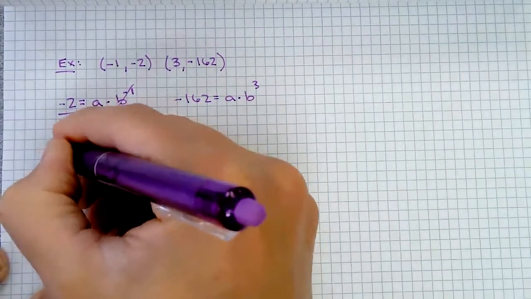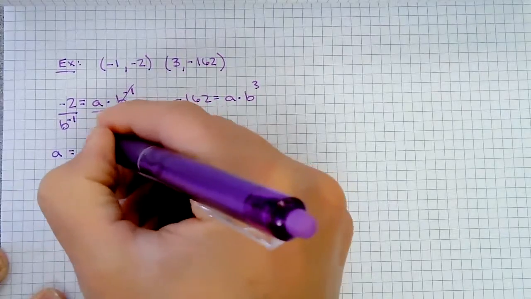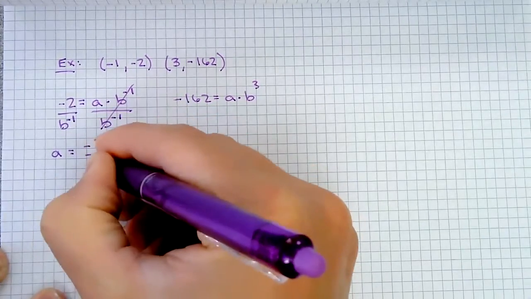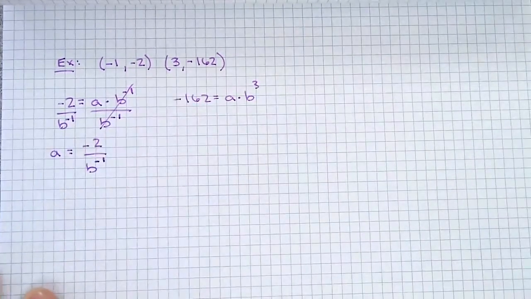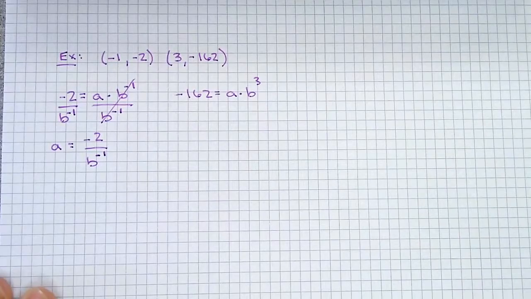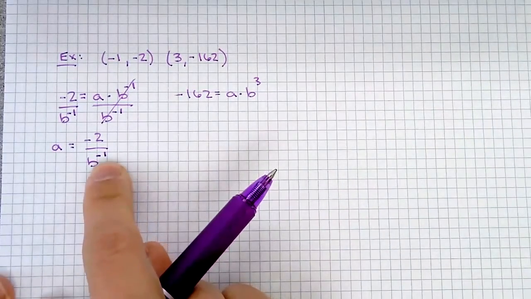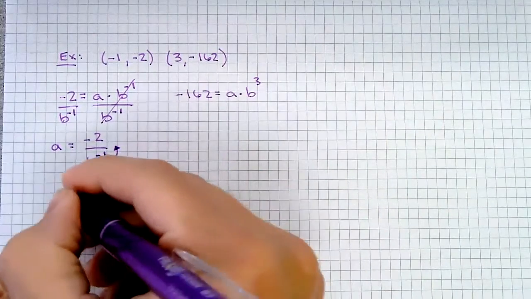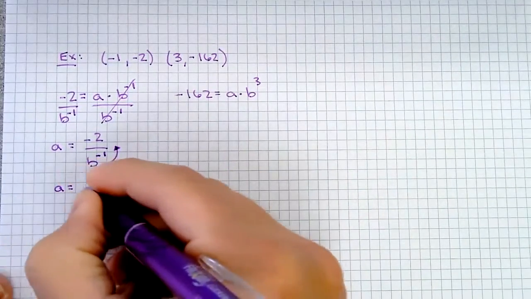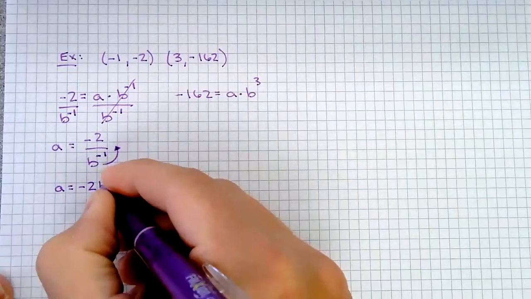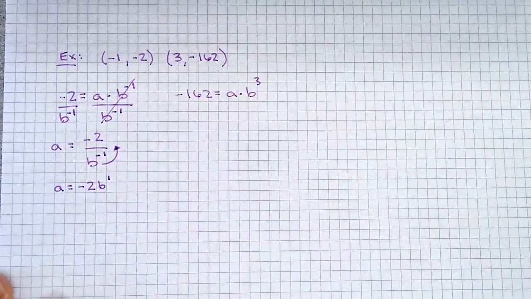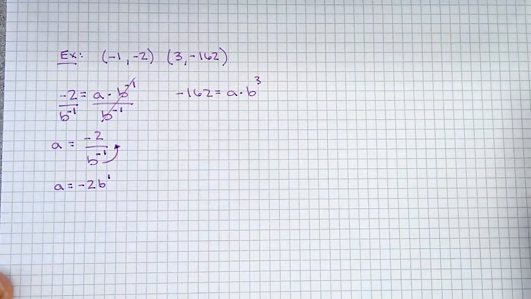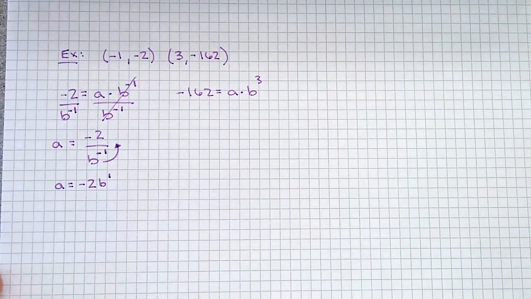Now I have a equals negative 2 divided by b to the negative 1. We don't want negative exponents, so to make it positive, we move it to the top. So we have a equals negative 2 times b to the first power.